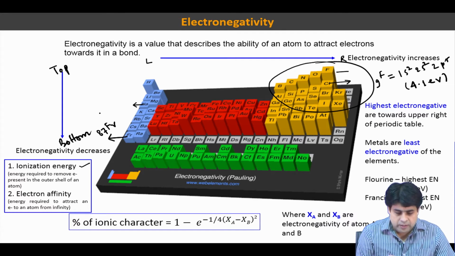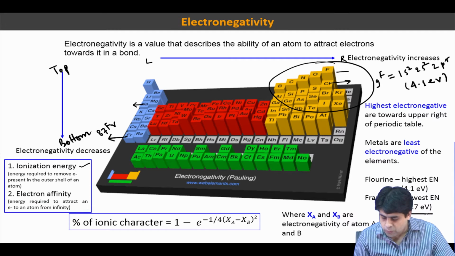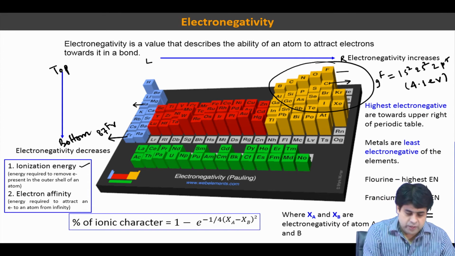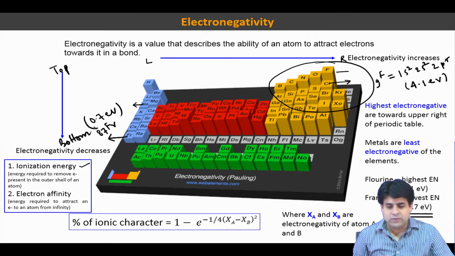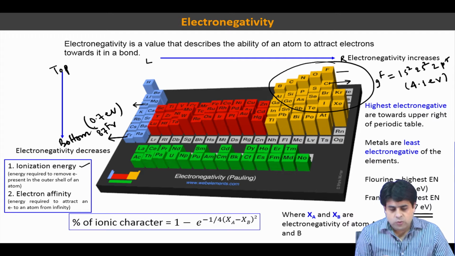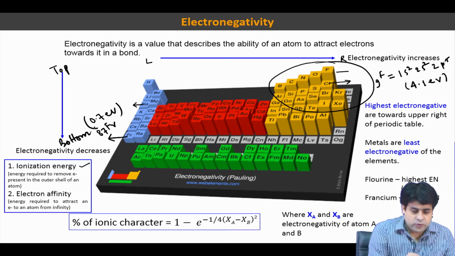So, the value of electronegativity for francium is close to 0.7 electron volt. Basically, when you go from top to bottom in the periodic table, your electronegativity is decreasing.